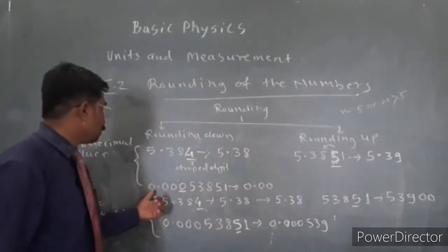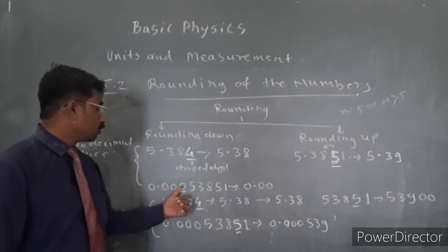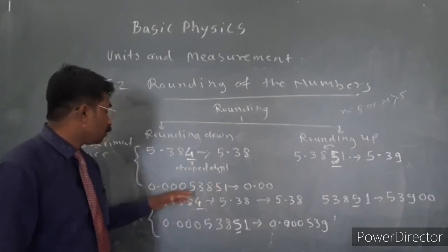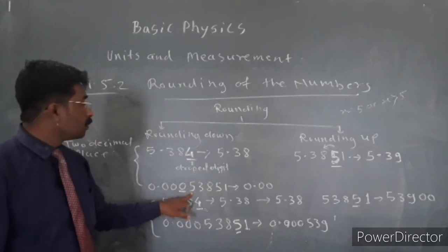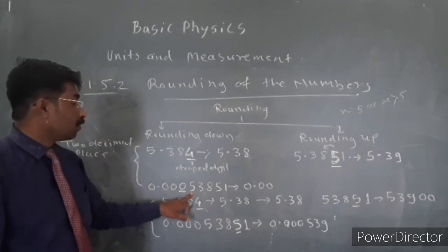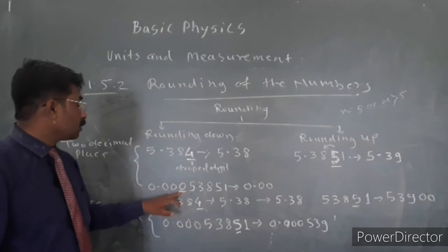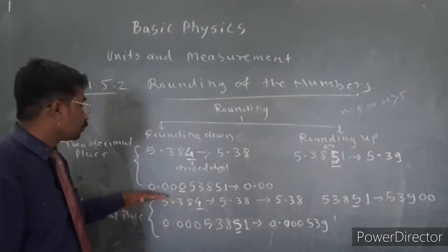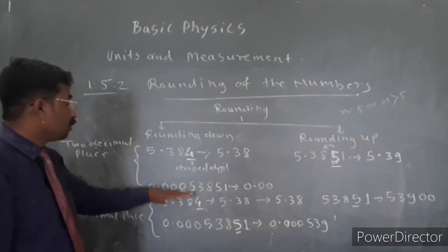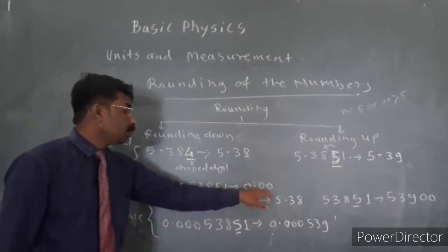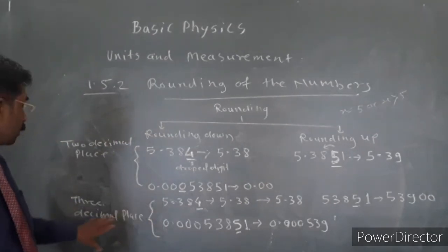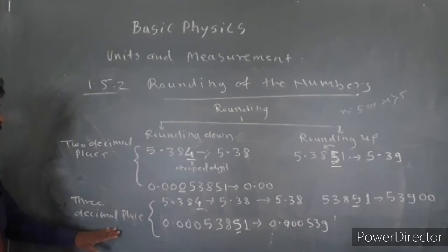In another case, 0.000538551. Here is 5, so this can be eliminated in this manner, 0.00. In another case, three decimal places are there.